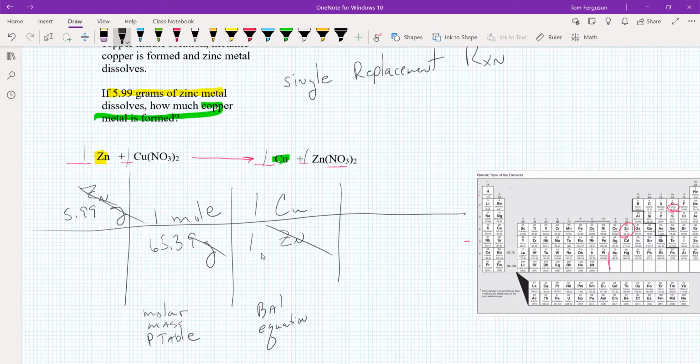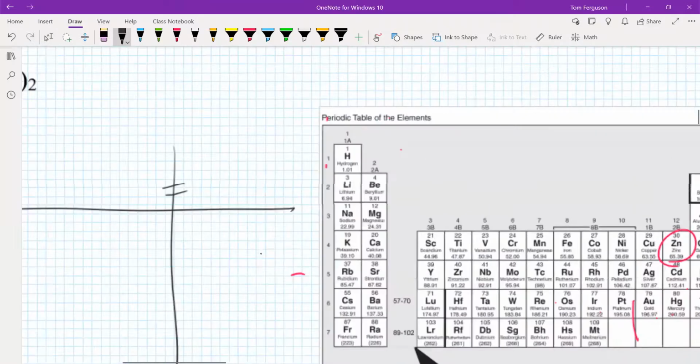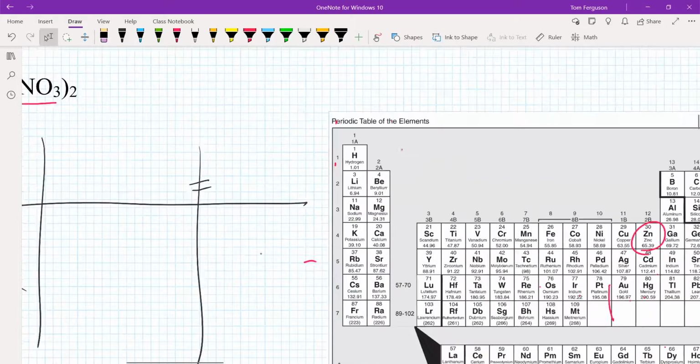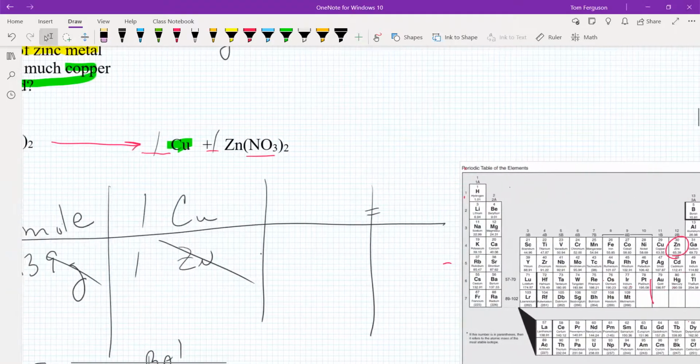So what do we have here? We have moles of copper. What do we want? We want grams of copper. That means we're going from moles to grams. That's the molar mass of copper, and copper is right next to zinc. It's 63.55.